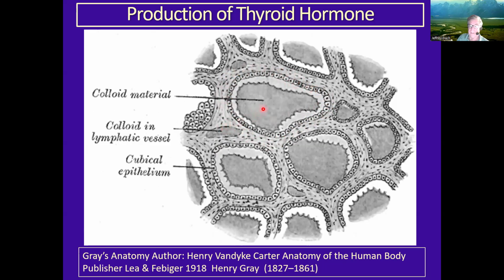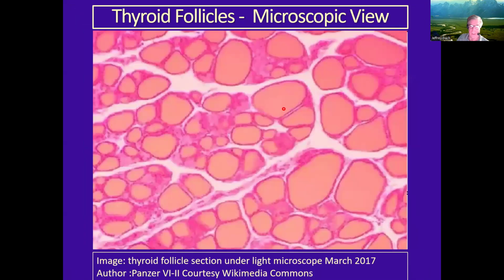They produce thyroglobulin, which is also called colloid, stored in the center of the follicle. Here we have a typical microscopic appearance of the follicles, which are the basic units that do the work in the thyroid gland. The thyroid gland is made up of thousands of these small follicle working units.